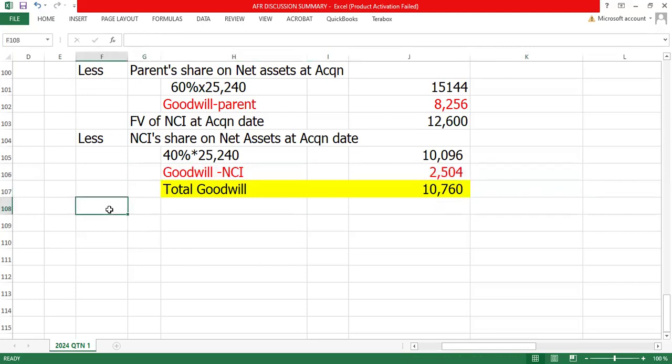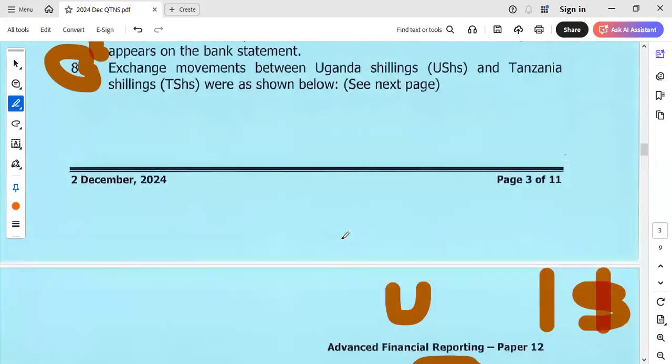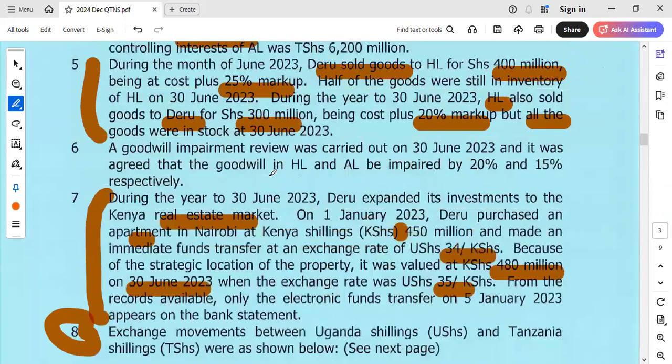Okay, so here we erase the impairment loss. Where is the note that talks about goodwill?